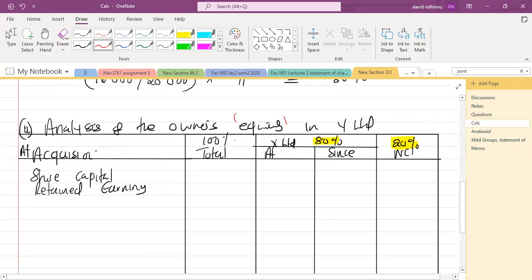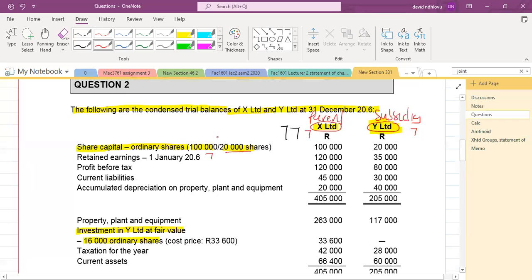All of this should be done at acquisition date. Share capital is assumed not to change. For this module, but in other modules, it's going to be different. We assume always that the share capital never changed. We never issued more shares. We never reduced our shareholding. So our share capital is actually 20,000.